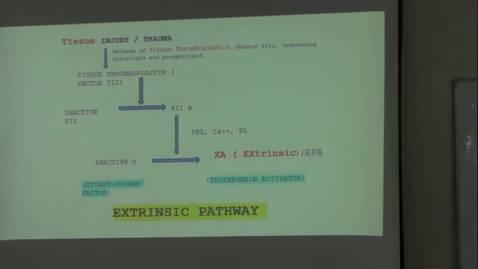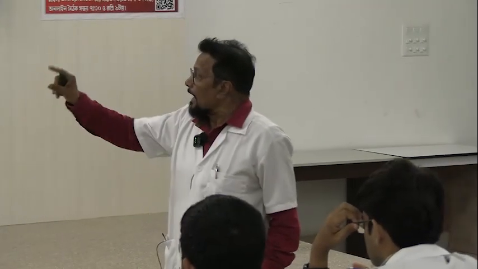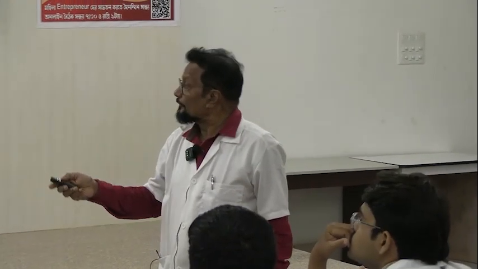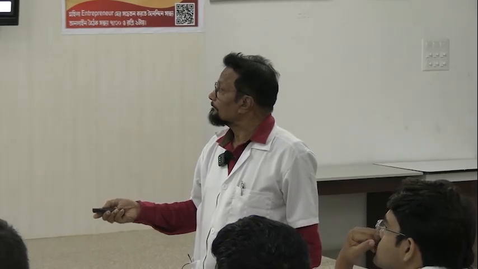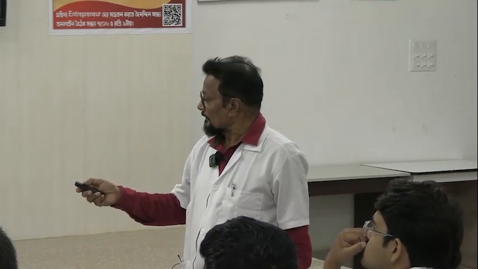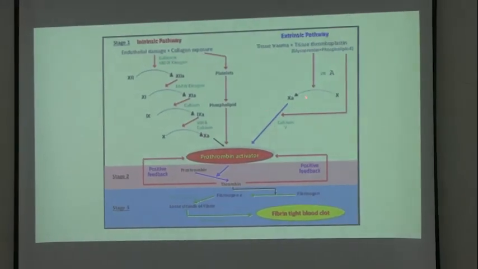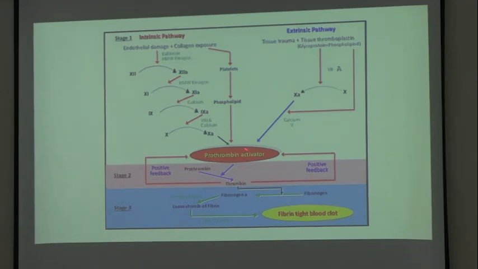So the extrinsic path is complete. Now both paths have produced prothrombin activator.